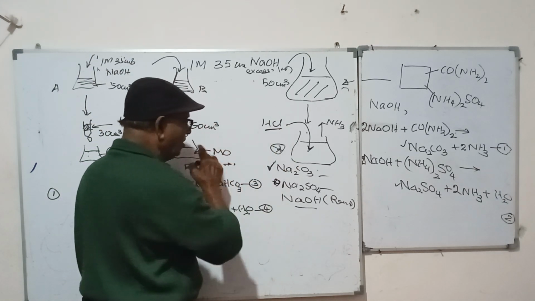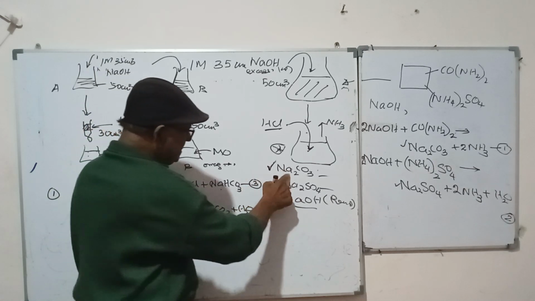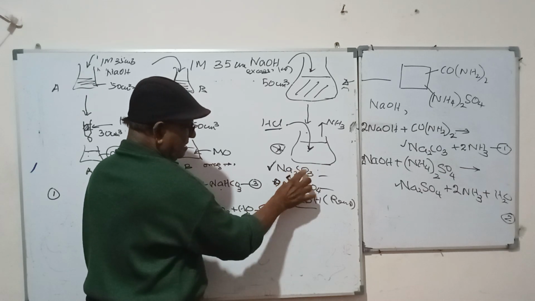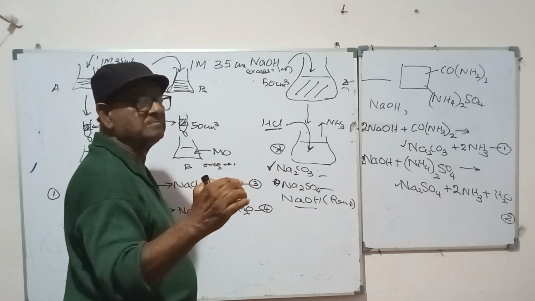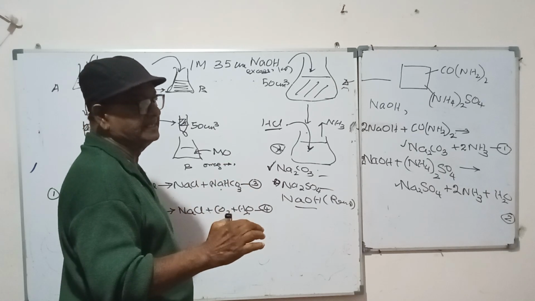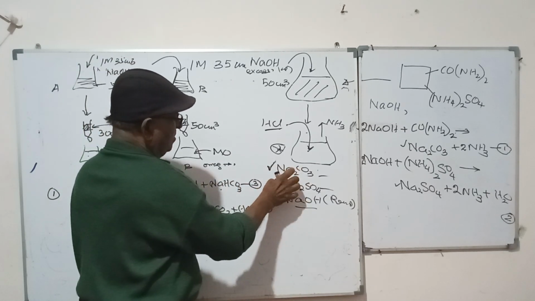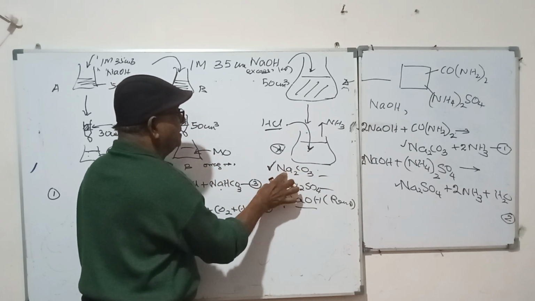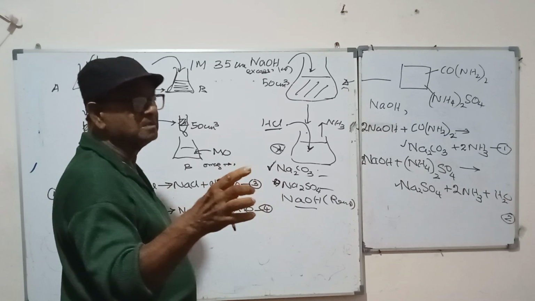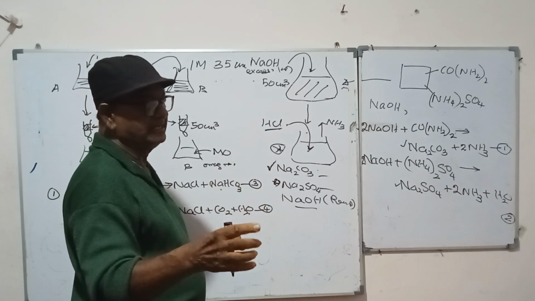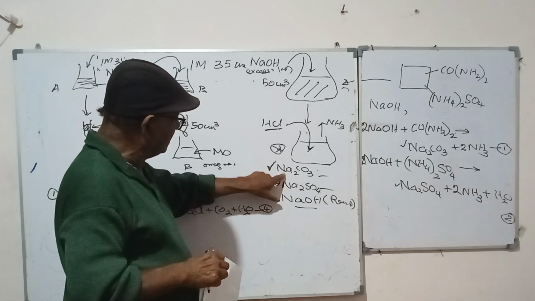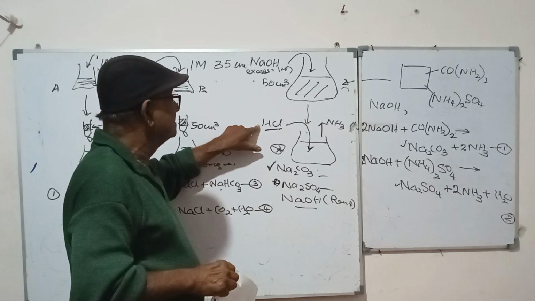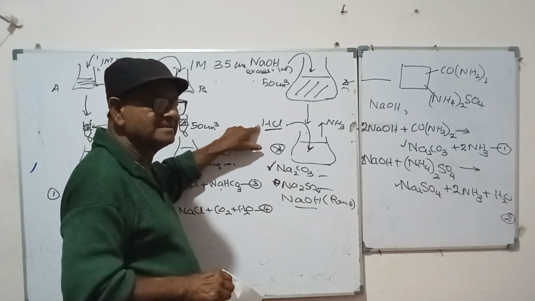HCl is a strong acid. In sodium carbonate, the carbonate radical came from bicarbonate, a weak acid. Therefore that salt is basic, because sodium came from the strong base sodium hydroxide. The salt shows basic nature, so it reacts with a strong acid.